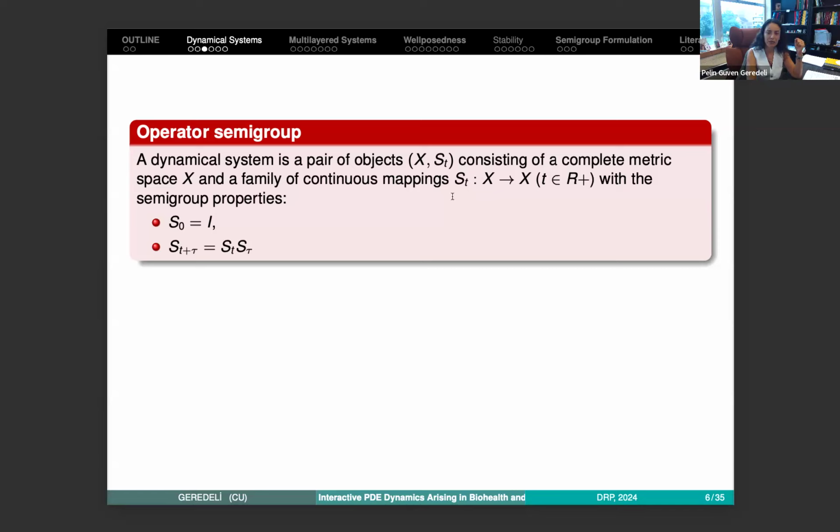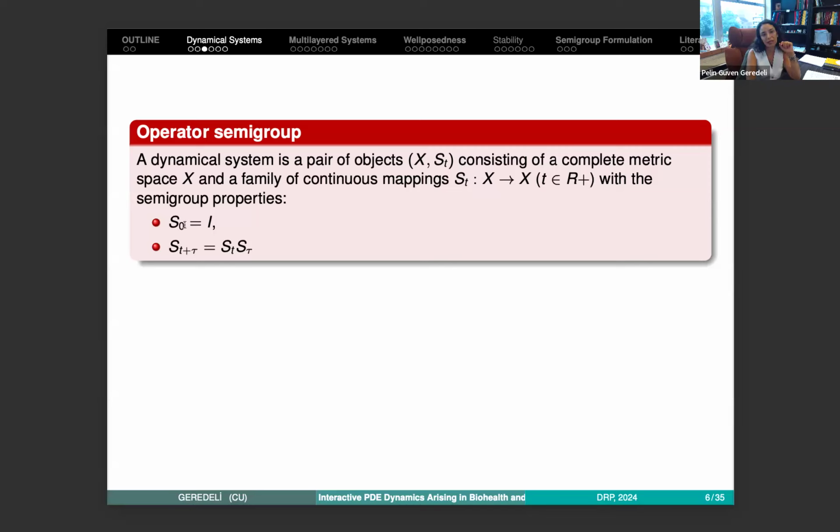When we say operator semigroup, it's a mapping which satisfies two properties. Your operator S(t), when t is equal to 0, which means at the initial time, should give you the identity operator. And as time evolves, S(t plus tau) should be seen as a composition of these two operators.